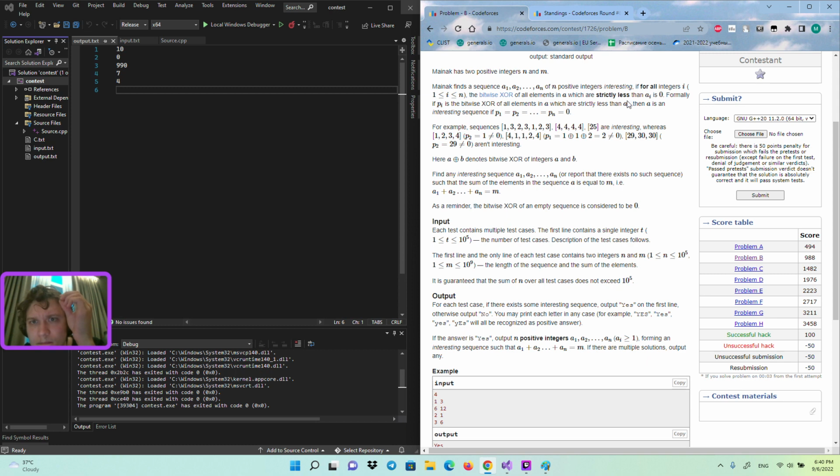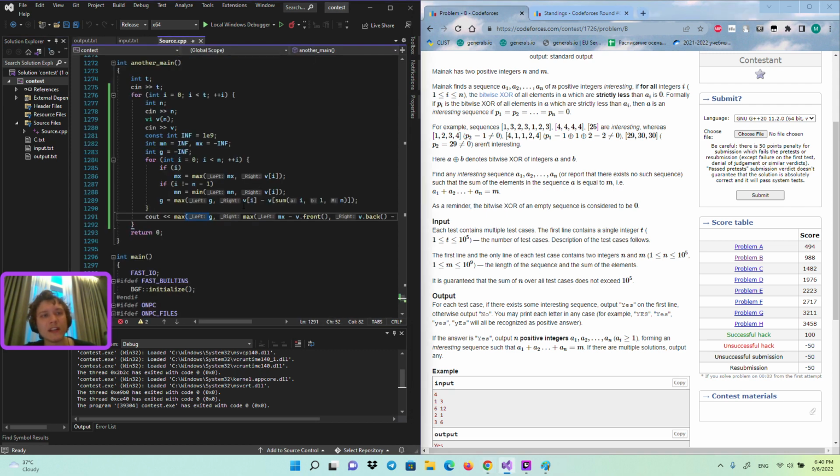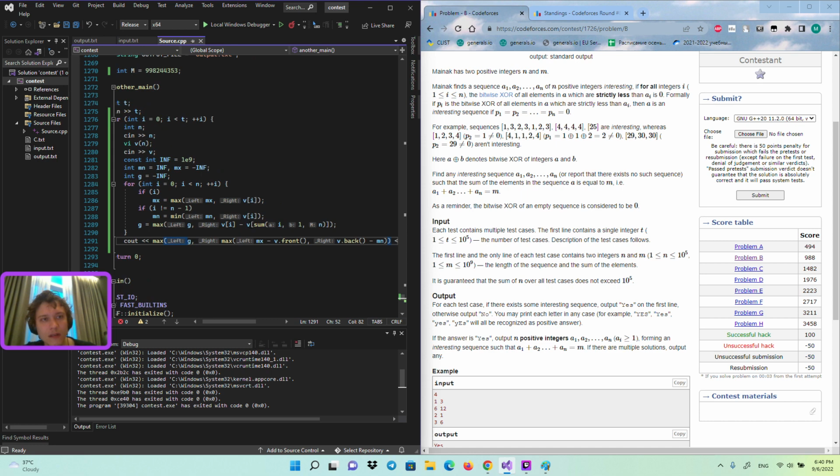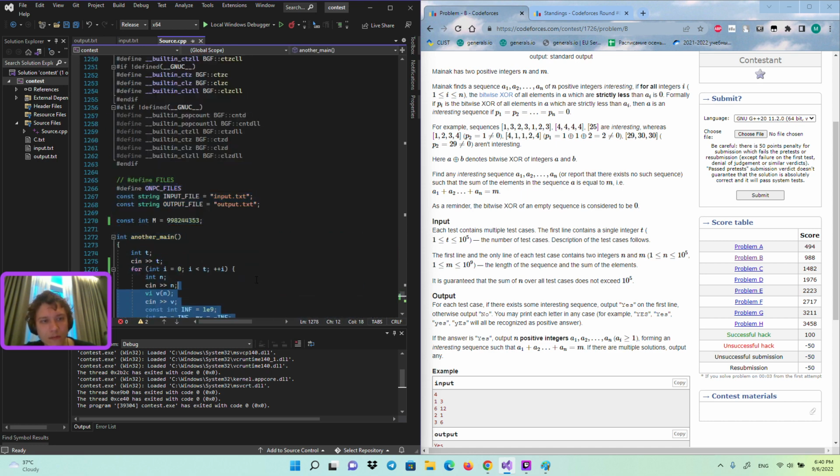Again, of n positive integers. I got it. Yeah, so we want to take a lot of ones and one element. So we read n and also we read m. If m is at least n, then we can just take a lot of ones.